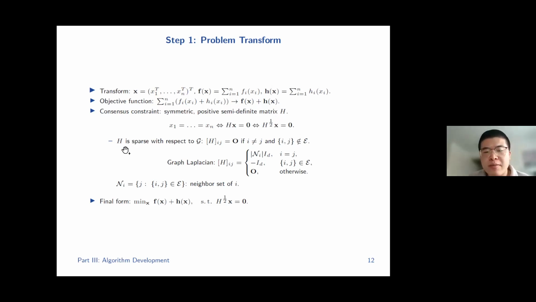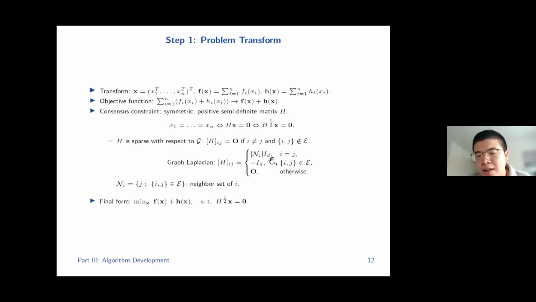We also require the matrix H to be sparse with respect to the underlying graph, which means that if i and j are nodes, if i does not equal j and i and j are not neighbors, then the ij block of the matrix H is 0. An example satisfying these requirements is given by this one. Here, Ni is the neighbor set of node i, and d is the dimension of each variable xi.